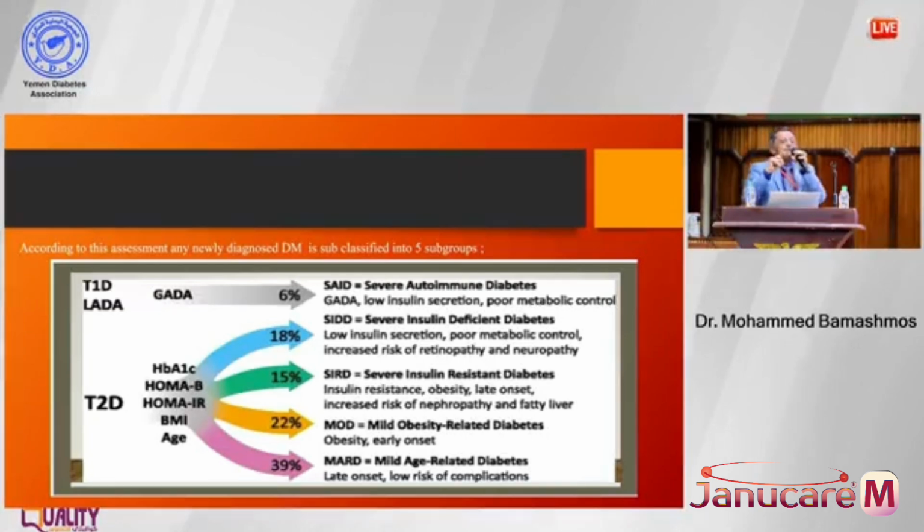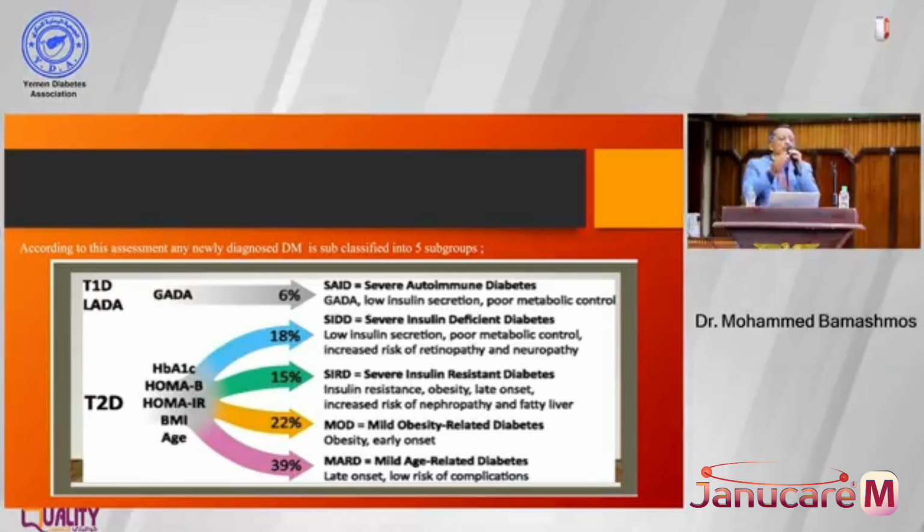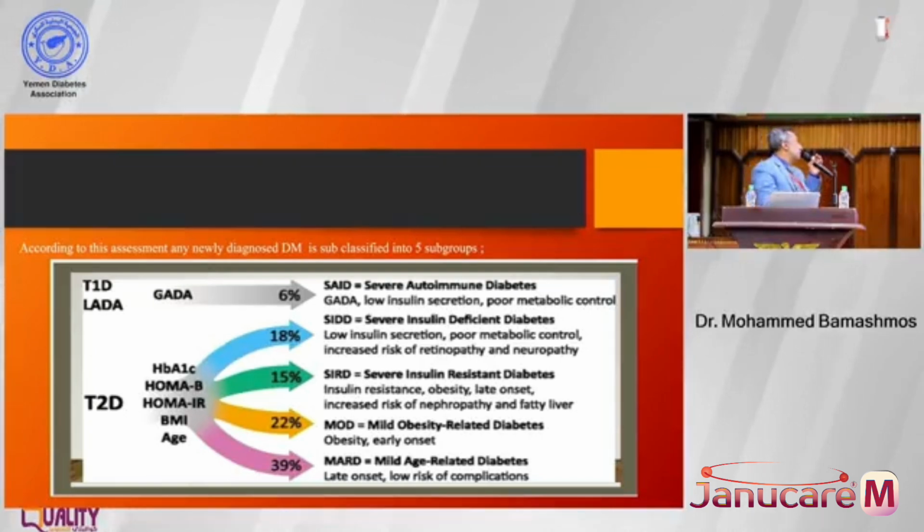If you don't know that this patient has insulin resistance and you are treating him, for example, with sulfonylurea, it will make insulin resistance worse. It worsens the insulin resistance.